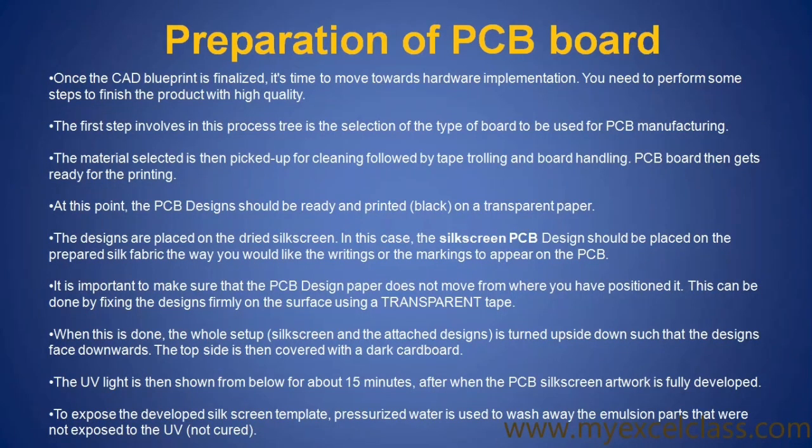After that you expose it to ultraviolet light for 15 minutes. In the machine, this is done in PCB making machines. All these designs with this cardboard, where we fix these layers, film to film, are put in ultraviolet light for 15 minutes.